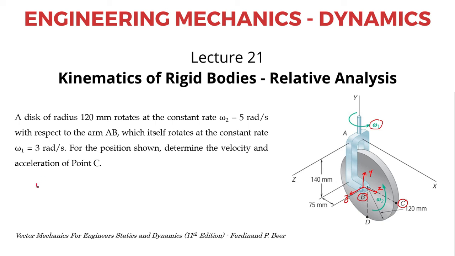So I write it here, omega 1 vector, with respect to the fixed reference frame, I can write it as 3j radians per second, and omega 2 is 5k' radians per second, where k' represents the unit vector along the secondary z axis, small z here.